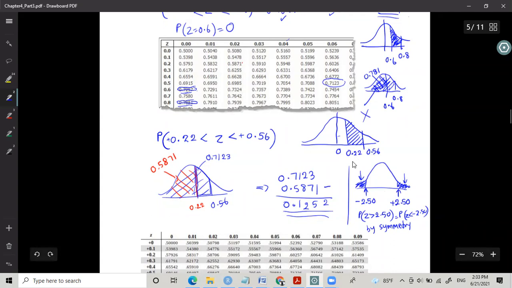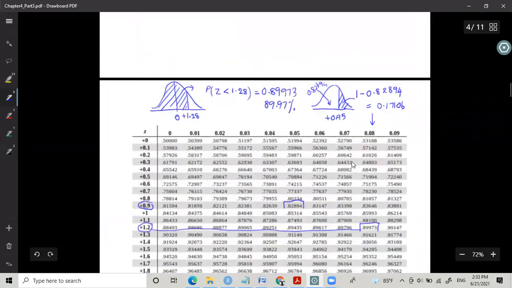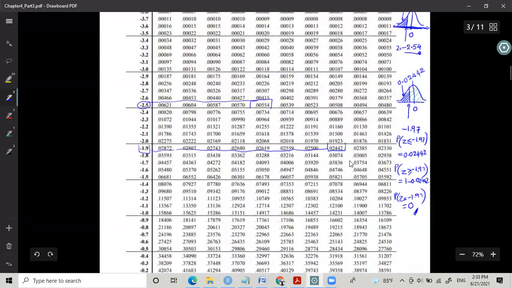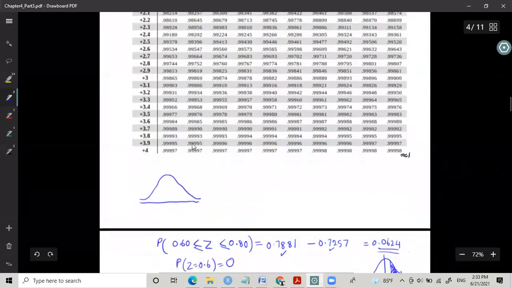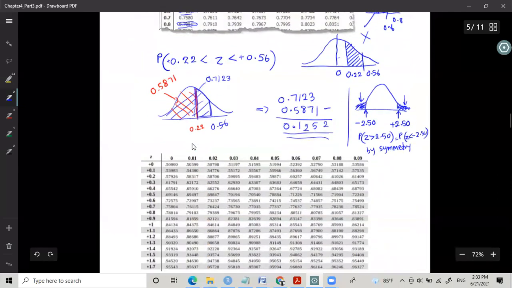Okay, so let's read negative 2.5 because it's easy from the table. Negative 2.5 is here. See, 2.50 is 0.00621. So this area is 0.00621. By symmetry, this area is also 0.00621.